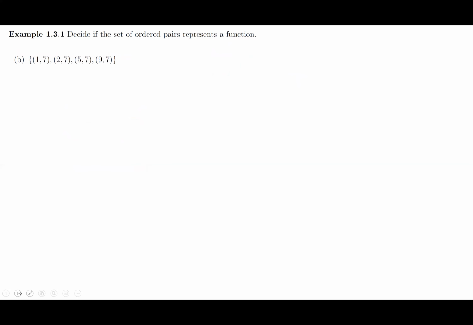How about this next one? Well, my domain, I've got 1, 2, 5, and 9. My range, I have 7, 7, 7, 7. Wow. Or maybe I can just say I've got one range element, 7. 1 goes to 7, 2 goes to 7, 5 goes to 7, 9 goes to 7.